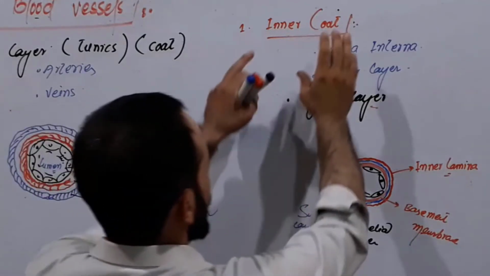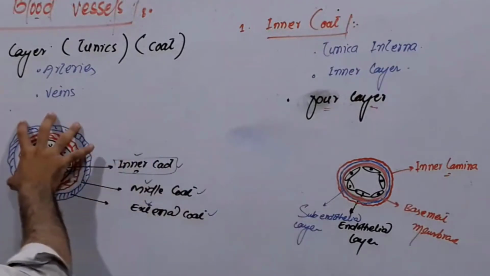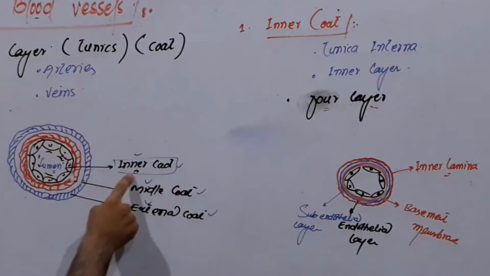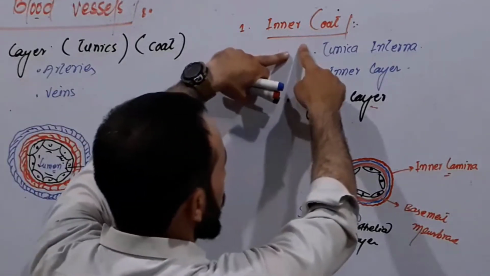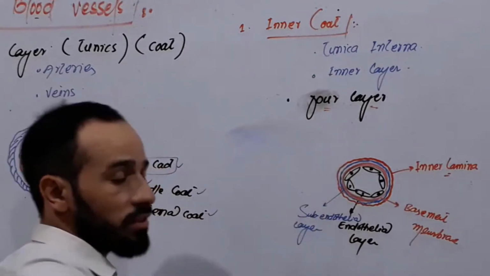Okay, so what we have learned up to now, this inner coat of this blood vessel, either artery or vein, the first coat, the innermost coat, which is also known as tunica interna or inner layer, is made up of 4 sublayers.